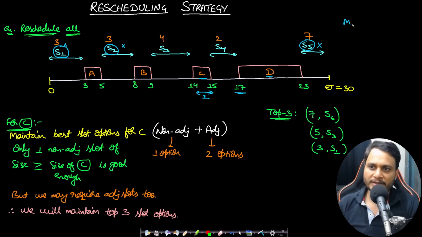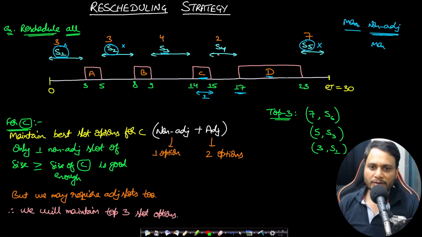You just take the maximum of the non-adjacent slots and that should be absolutely fine. If the maximum sized non-adjacent slot cannot accommodate C, then none of the non-adjacent slots will be able to accommodate C, right? It will not be possible. Okay, so I will be maintaining the maximum of the non-adjacent slots.